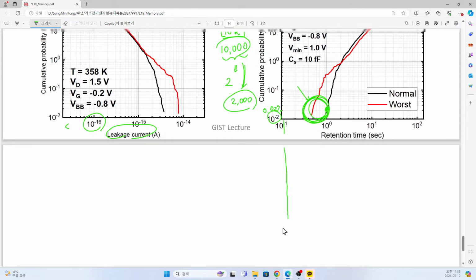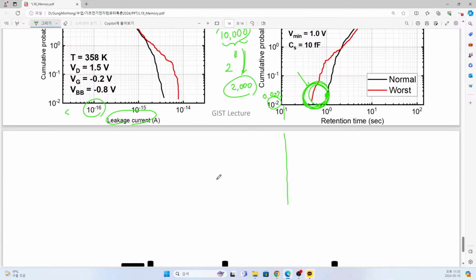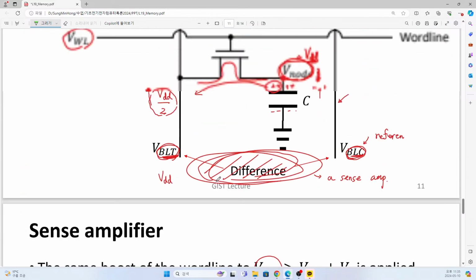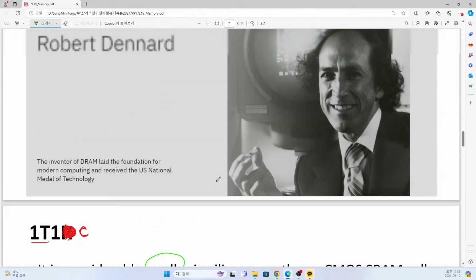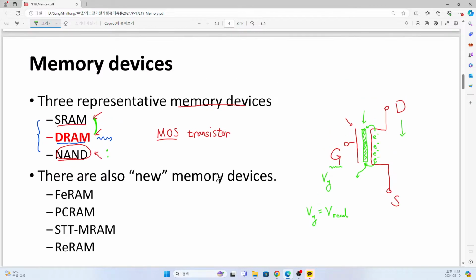That is one of the most important issues for a DRAM engineer. Okay, that was quite a short and crude discussion about our DRAM, mainly the DRAM cell.